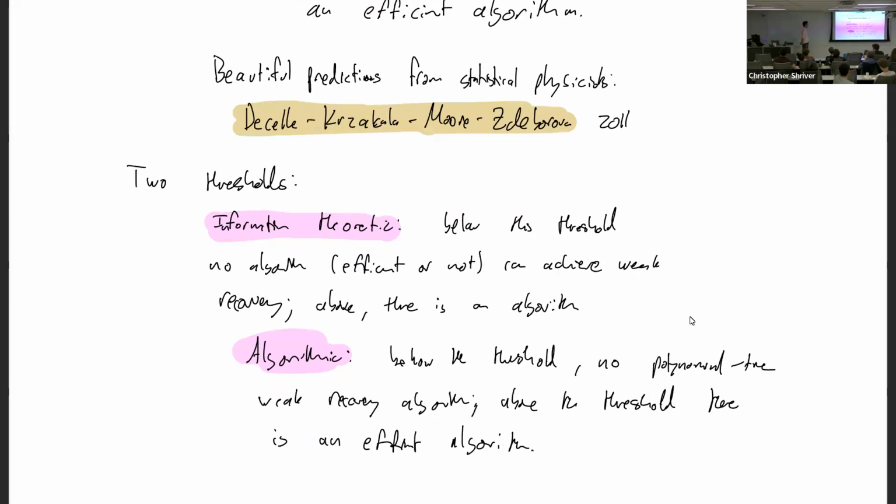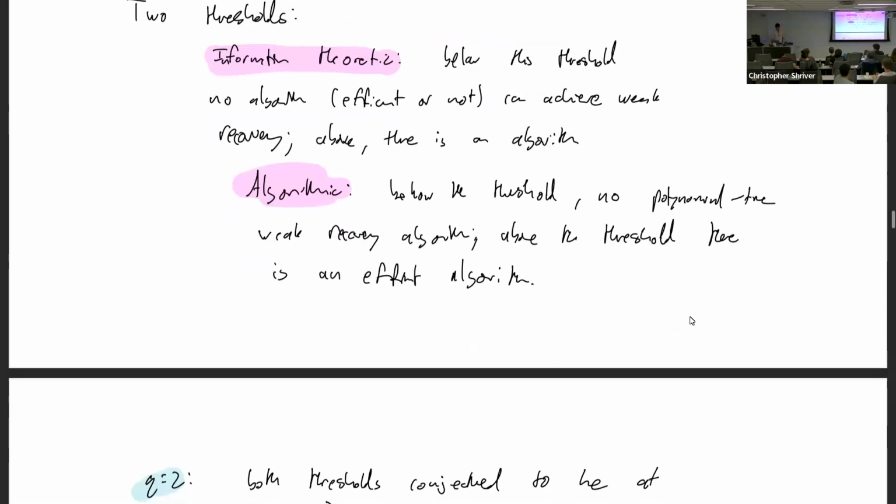The information theoretic threshold: below this threshold, there's no way to achieve weak recovery. It's impossible, no matter how much time you spend. But above this threshold, there is an algorithm, although it might take a long time. And then the algorithmic threshold: their prediction was that below this threshold, there's no polynomial time weak recovery algorithm, and above this threshold, there is an efficient algorithm. Okay, so two thresholds.